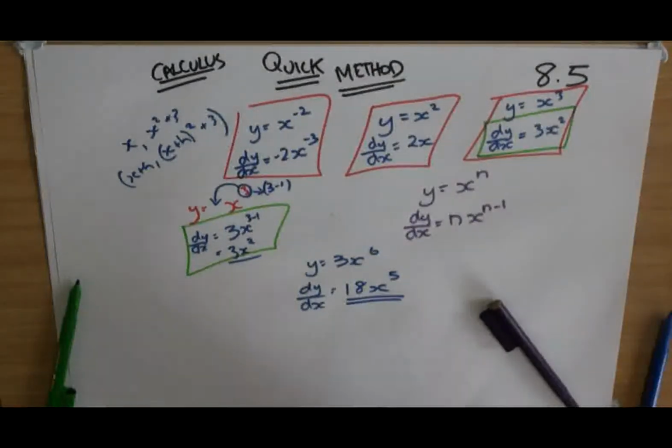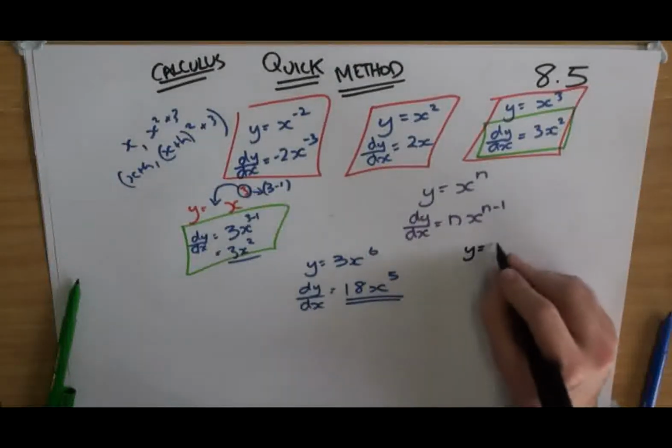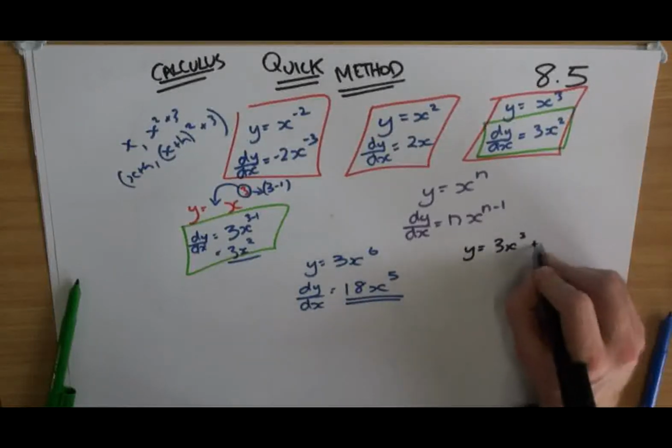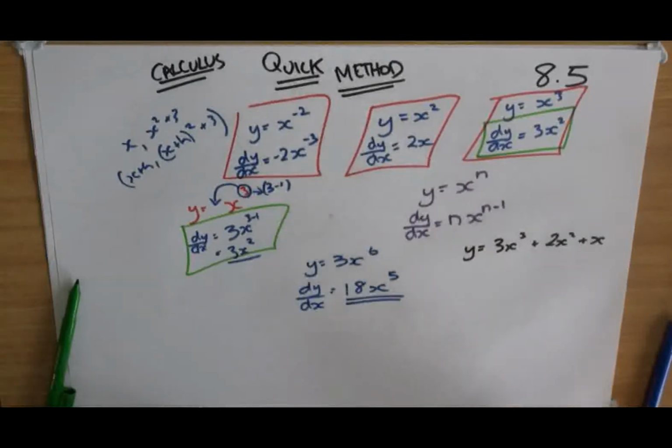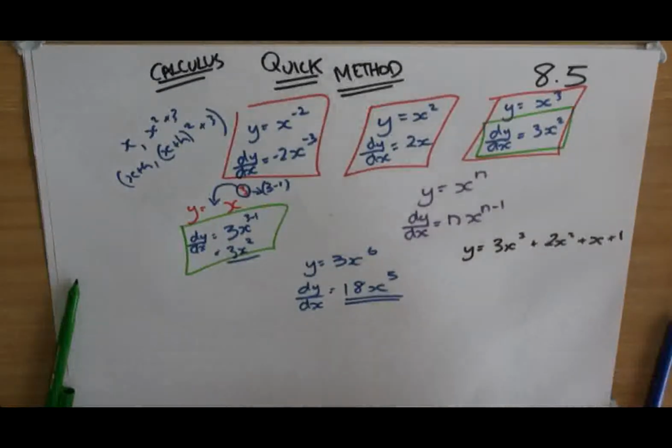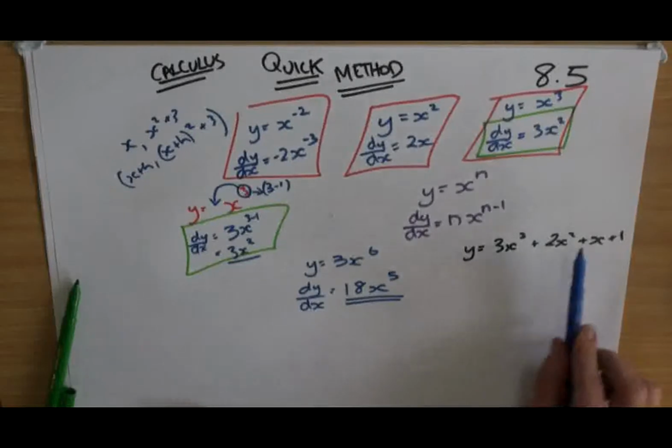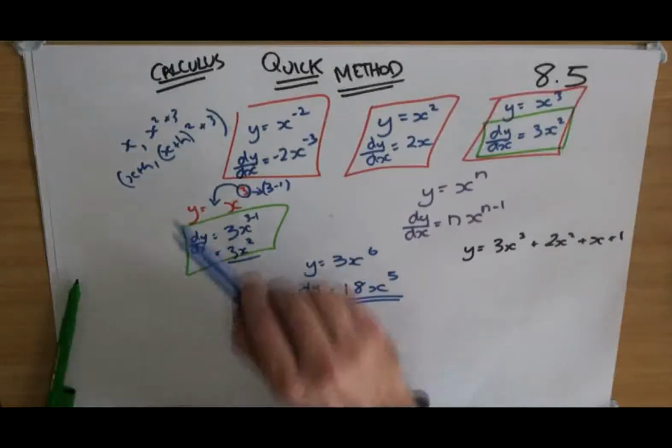Now you can do this with a polynomial with multiple terms. So perhaps you have y equals 3x cubed plus 2x squared plus x, and let's go plus 1. We will derive each of these individually using this rule.